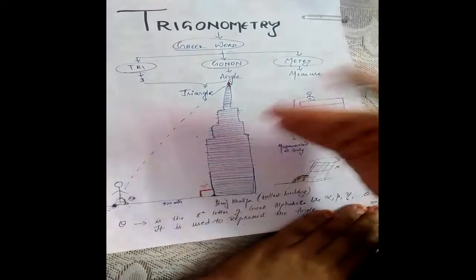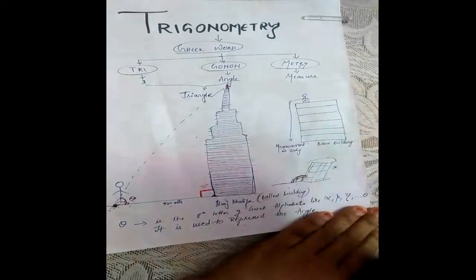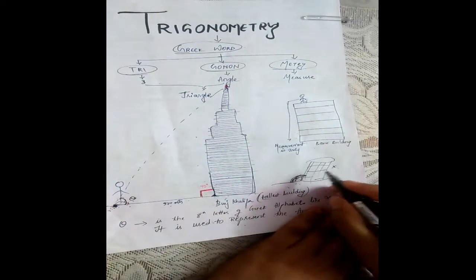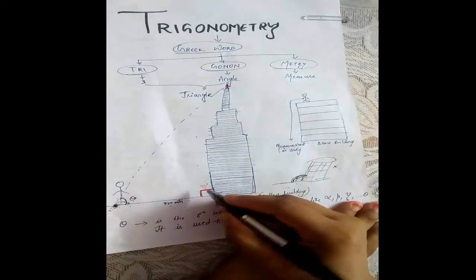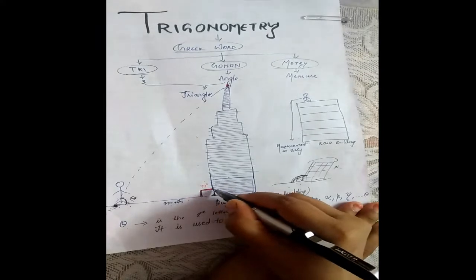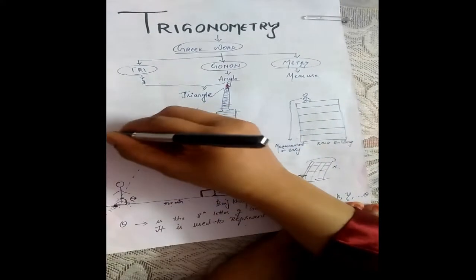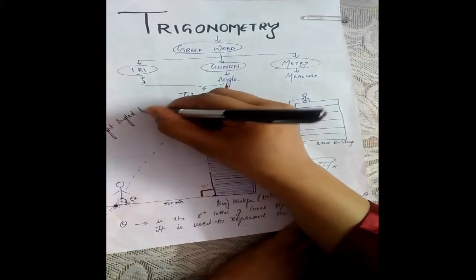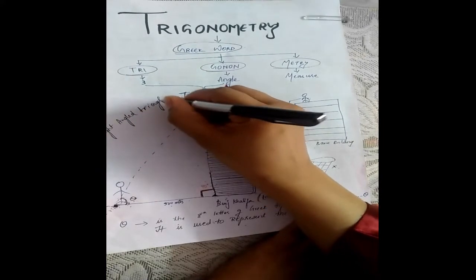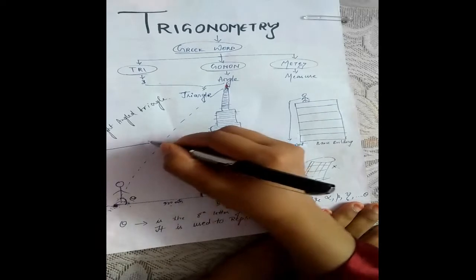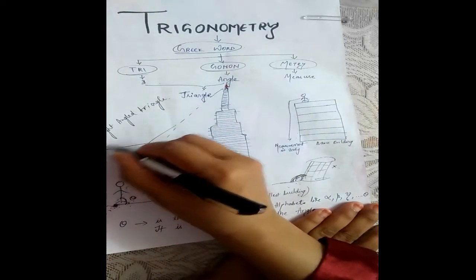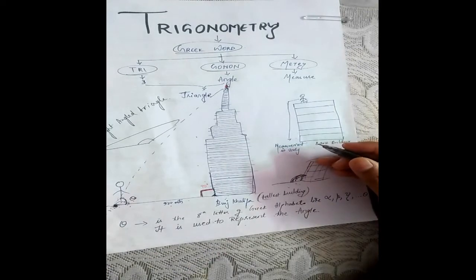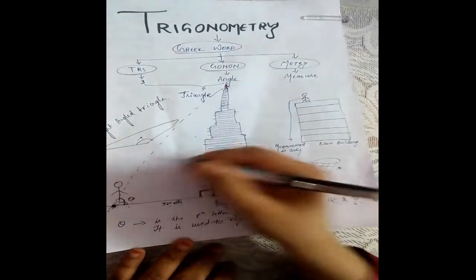We will discuss it in detail in further chapters. Now, trigonometry is applicable only to right angled triangles. It will not be applicable to other acute or obtuse angled triangles.